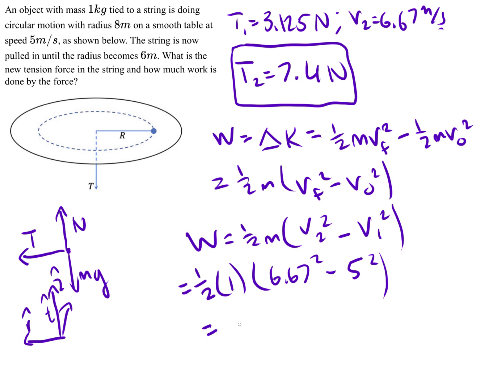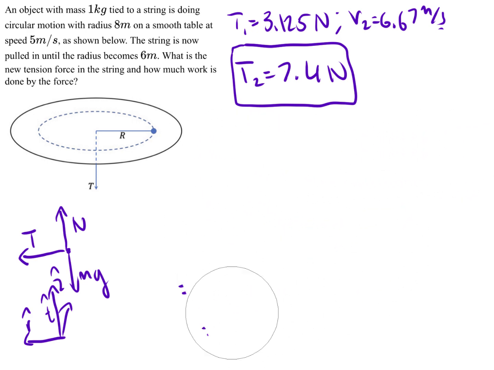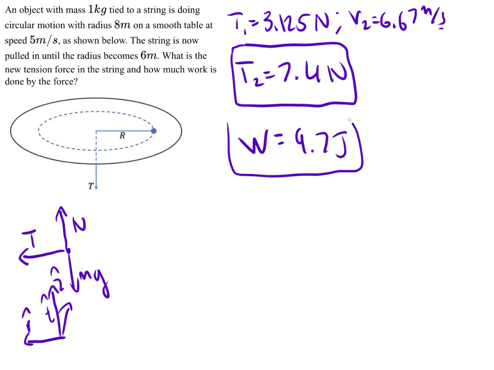And this will give you about 9.7 joules. So in addition to the tension force that we're supposed to calculate, the work is equal to 9.7 joules. And that is how you would solve this problem here.